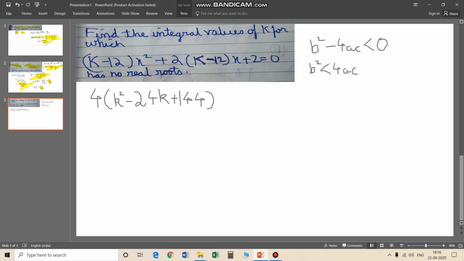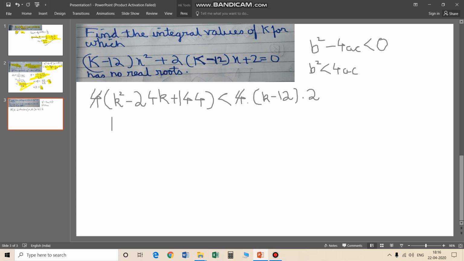So here also I can write b square is less than 4 into (k minus 2) into 2. 4 cancels.